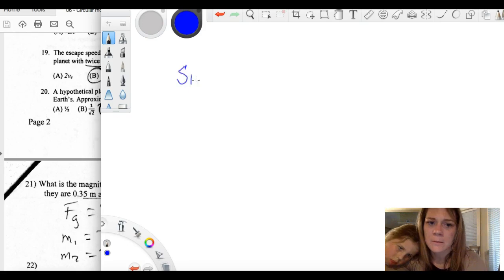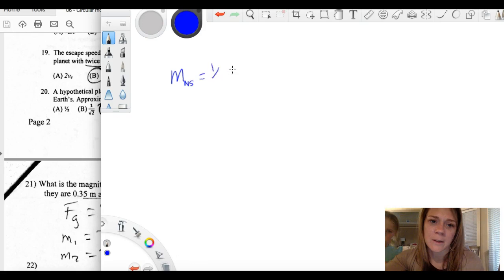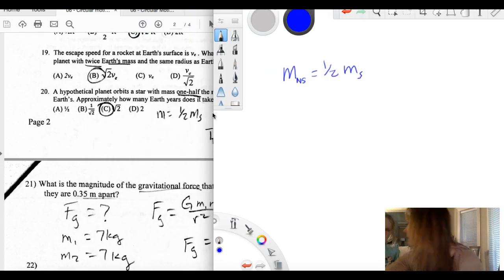Let's just say new sun. Say mass of the new sun is equal to one half the mass of our sun. So NS represents new sun, S represents our sun.